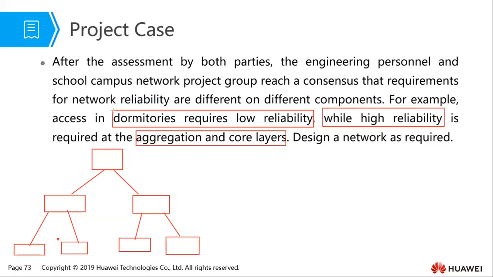So what we are asking here is, at the dormitories, since it requires low reliability, do we need to implement redundancy? At the access layer, do we need to implement redundancy, either device redundancy or component redundancy or link redundancy?